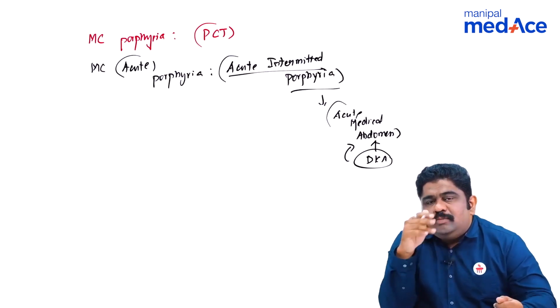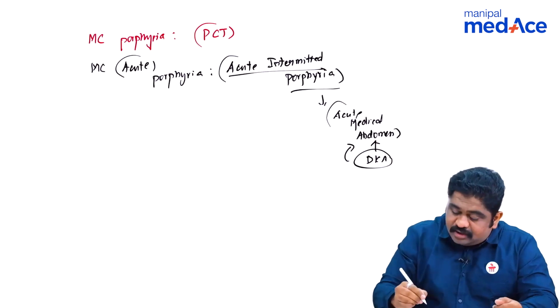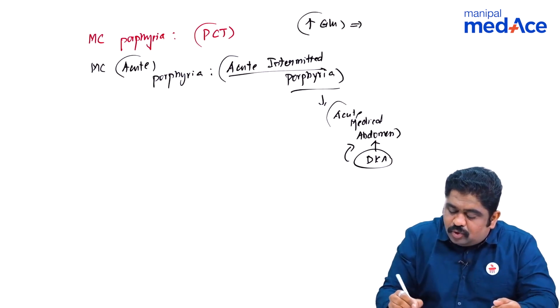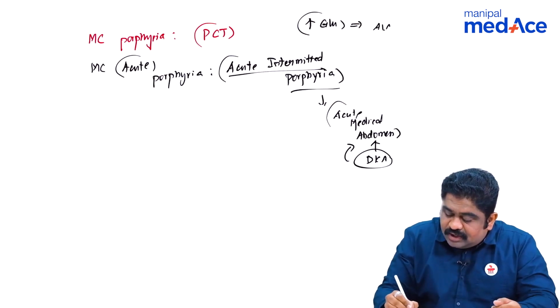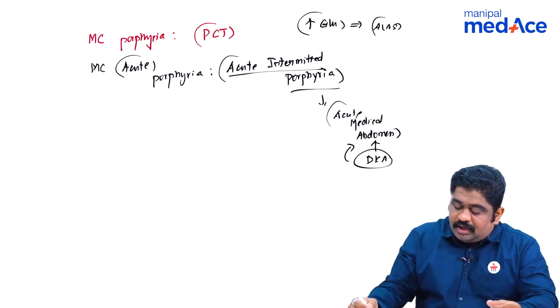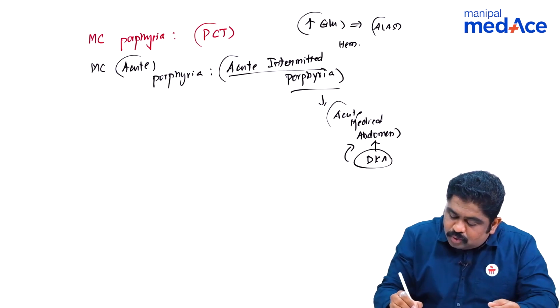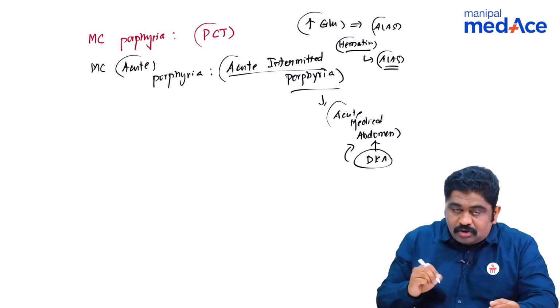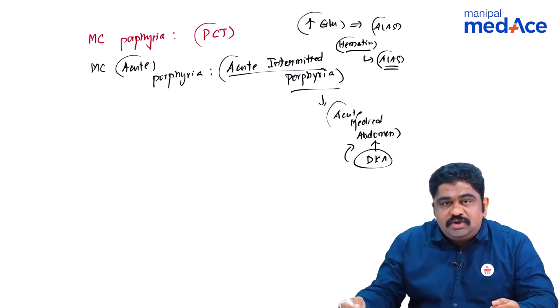Why do you say that? Because acute intermittent porphyria can be treated by giving high doses of glucose, because glucose is capable of suppressing ALA synthase enzyme. And if you put the patient on huge amounts of hematin, hematin is also capable of suppressing ALA synthase. If ALA synthase is inhibited, then formation of the porphobilinogen will not happen.